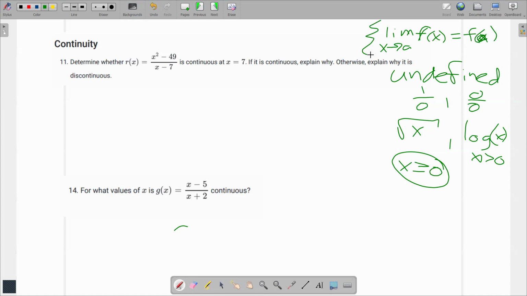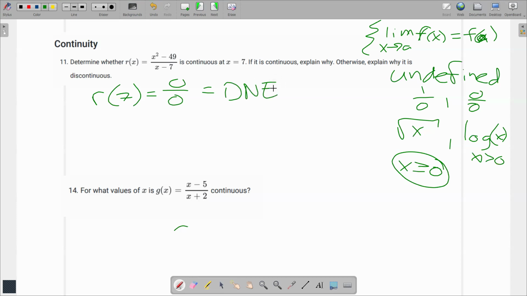So this function here is a rational function, which means all I have to do is worry about the denominator. So let's see, determine whether this function is continuous at 7. Well, at 7, what do I get? 0 over 0, which does not exist.